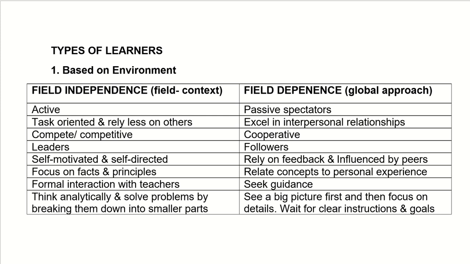They think very analytically and solve problems by breaking them down into smaller parts. A big problem is broken down into smaller parts, and each part is addressed individually, and then the entire problem is solved.